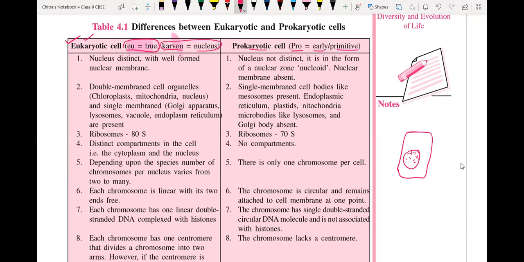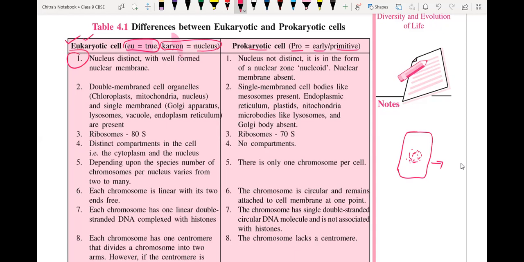That's why it is called the primitive or early cell. Such types of organisms were formed on earth first, and we evolved from such cells only. So now let's discuss the difference between prokaryotic cell and eukaryotic cell one by one using different criteria.